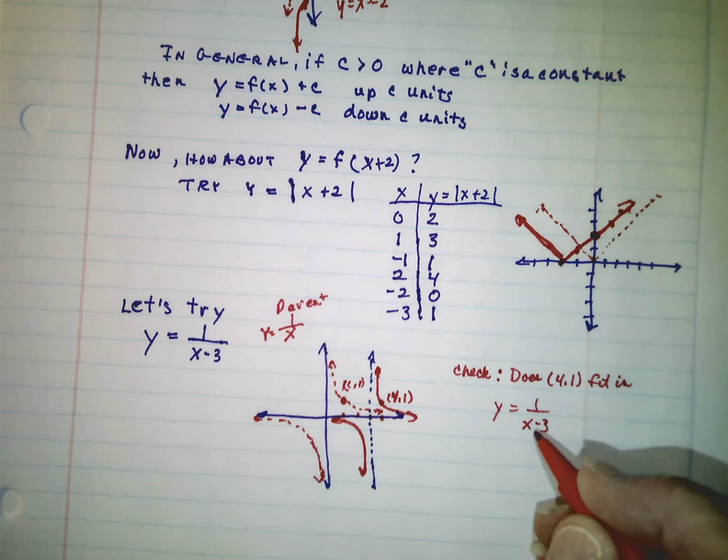So if we put a 4 in for x, it does come out to 1 over 1. So y should be 1. It looks like this graph that was slid over to the right 3 spaces does work, whereas sliding it to the left would not. So even though it's a little strange, it's not that hard.